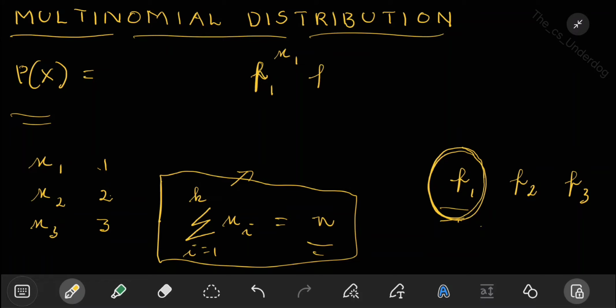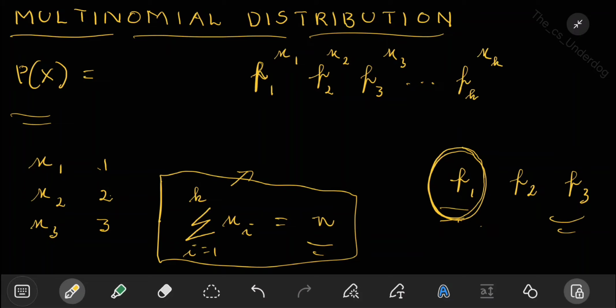Second outcome, P2 occurred x2 times, so P2 raised to x2. Third outcome, P3 occurred x3 times, so P3 raised to x3, so on up to Pk raised to xk.